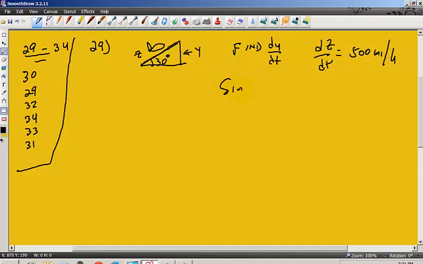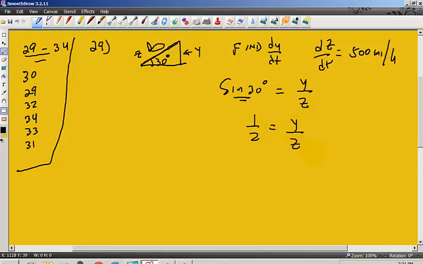So sine of 30 degrees, because that angle isn't changing, it's a constant, you can put it in. Any constants you can put in. Sine of 30 degrees is equal to opposite over hypotenuse. You can't put in any values for z and y because they're changing. Sine of 30 degrees is good. I'm glad you don't have to draw a unit circle to figure that one out.